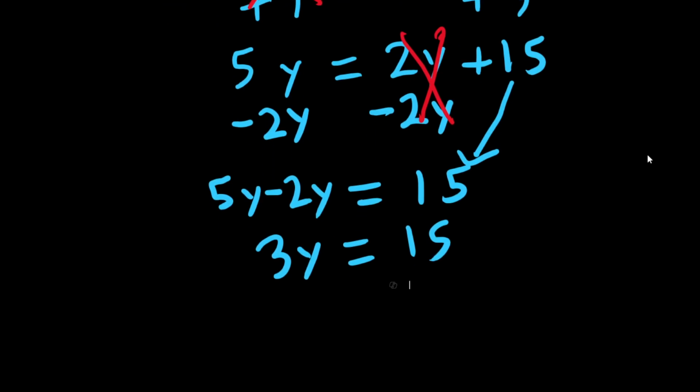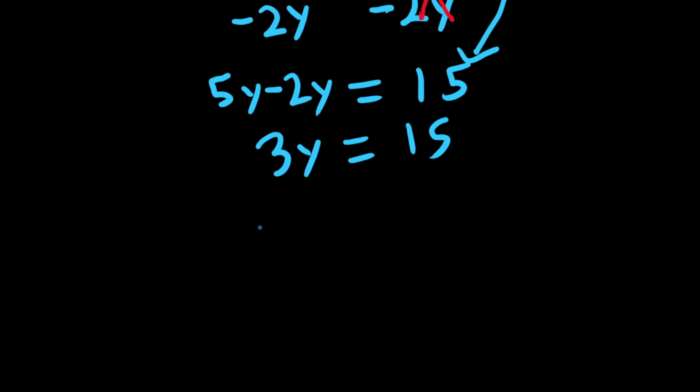And now we're getting closer to solving for y. Over here we have 3 times y equals 15. So we have 3 times y. What's the opposite of multiplying by 3? The opposite of multiplication is division. So let's divide by 3 on both sides.